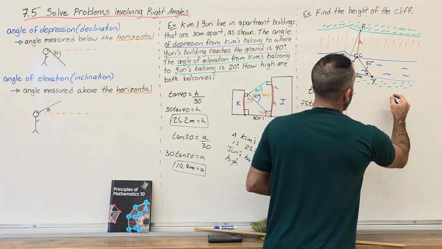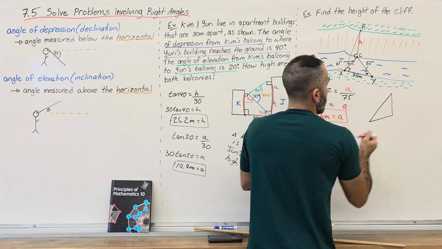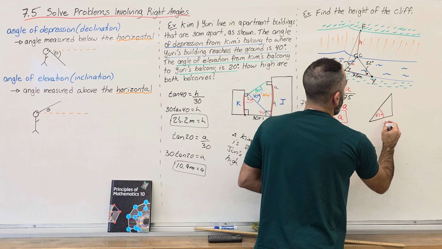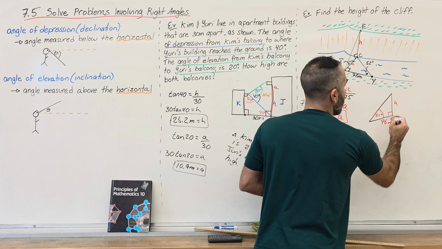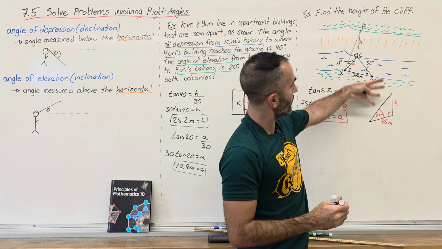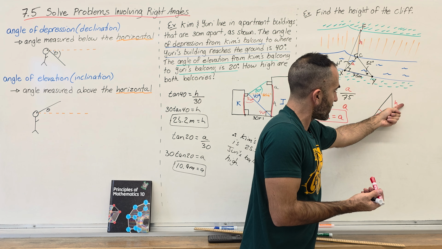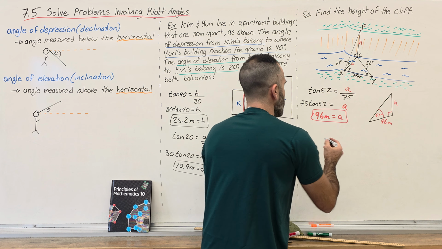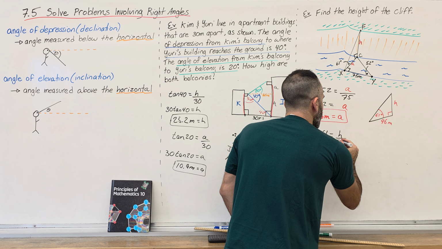So now I'm looking at this triangle. This is 61 as in the diagram. This is 96, I just found it. I need to find H, and this is a right angle. If you can link that triangle to that one, this is also easy. It's still tan. Opposite, adjacent. Tan is always used. H over 96.